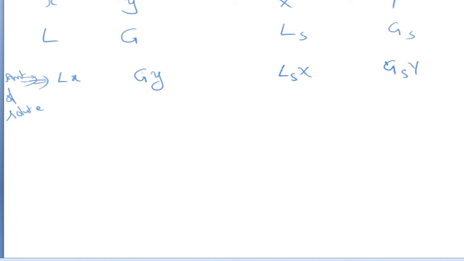Because Ls is the number of moles of non-diffusing component, and capital X, by definition, is the number of moles of component A divided by the non-diffusing moles. So this Ls gets cancelled, and you get the number of moles of component A. Similarly for the gaseous phase.